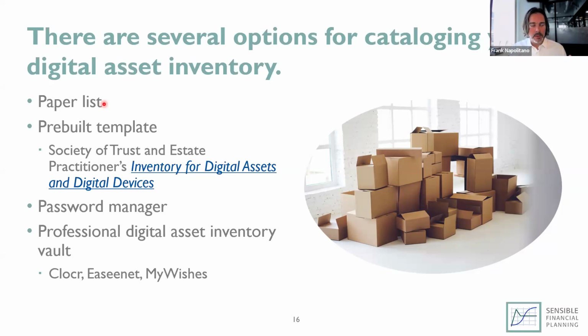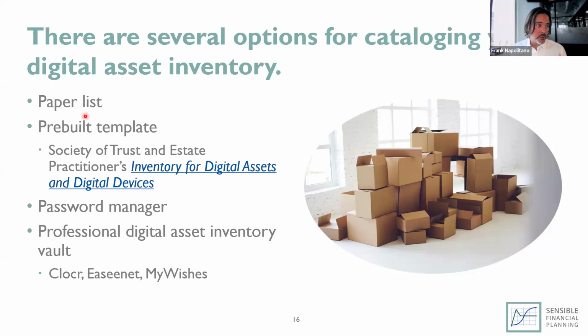The other major issue, I would say, is that when people use paper lists to track this information and to notate their passwords, they're often not creating passwords that would be as complex as if they were using a computer to do it. With a computer, you could instruct it to create a 32-character alphanumeric password. When people write down their passwords on lists, I often see duplicate passwords and very simple passwords. And so you have to be aware of those limitations.